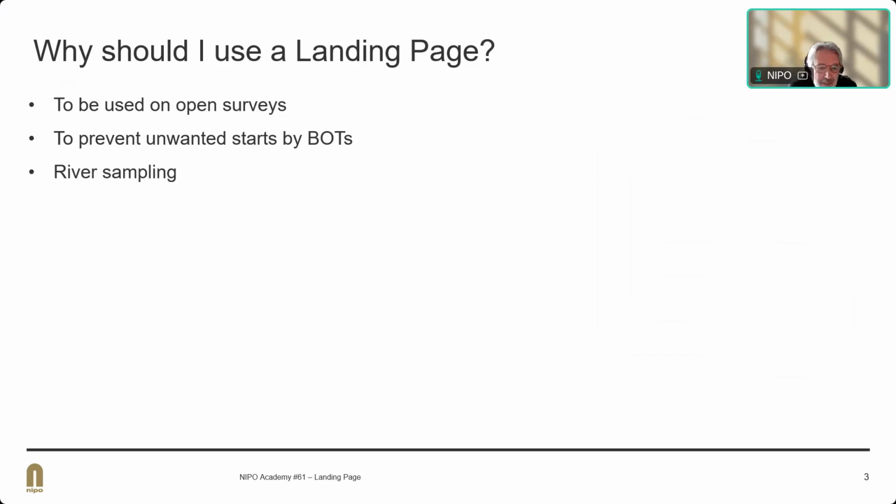We did not want anything like that, because that is a real barrier to entry to enter a survey. We wanted something simple, and we landed on a landing page.